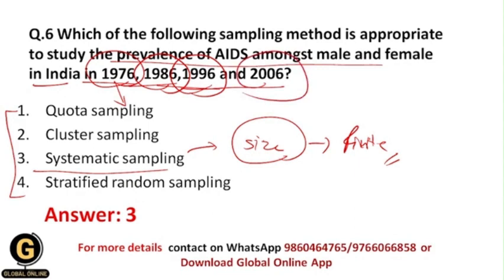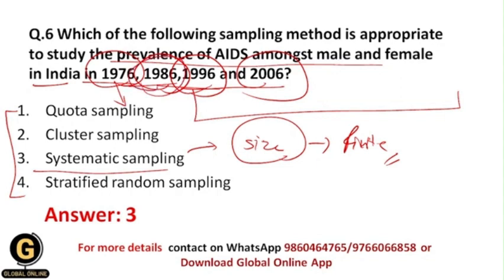The researcher now makes a group of people, and he will categorize all the target population into different intervals. So he will first make the intervals of year 1976, then he will make the intervals of year 1986, of 1996 and of 2006.